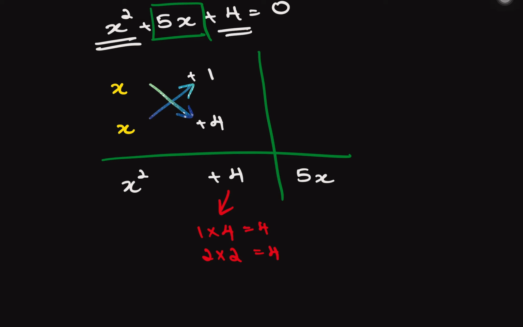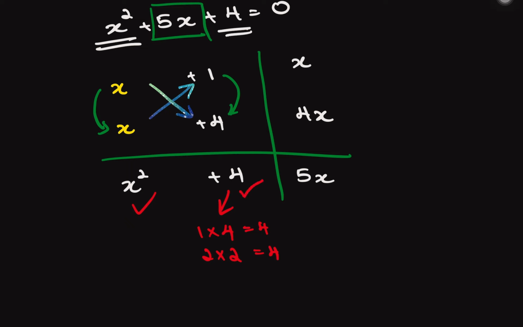x times 1, we get x, and x times 4, we get 4x. Now we check our answers, whether they are equal to the ones at the bottom. Firstly, x times x will get x squared. So the first term is correct. For the second term, 1 times 4 equals to 4, which is correct.